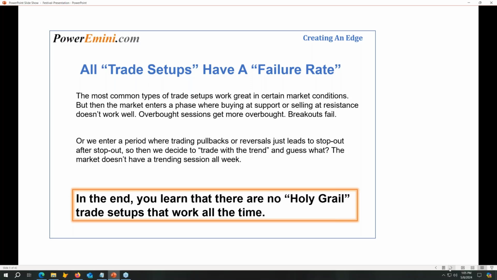All these work in certain market conditions, and then we get a market session where it just chops around sideways, with no trend, low volume, and low participation, and that trade setup doesn't work anymore. You think, I've got to find something better. This thing's just not working. And over time, what you learn is that there's no one holy grail setup that works every time in all market conditions.